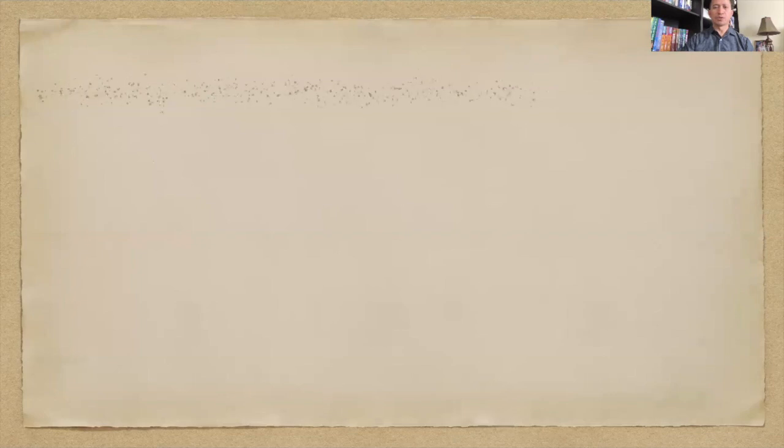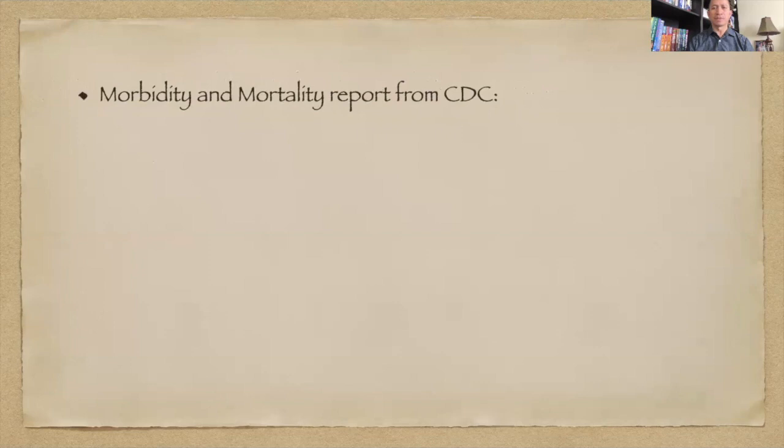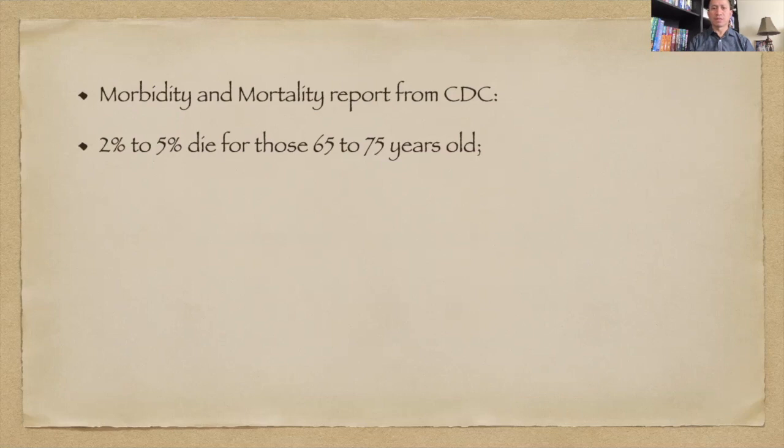Now let's proceed to this morbidity and mortality according to CDC, or Center for Disease Control. Now, 2 to 5% die for those 65 to 75 years old. If your age is within this age bracket, then there's a chance that 2 to 5% will die. If there are 100 patients with coronavirus, 2 to 5% of patients with age 65 to 75 will die.